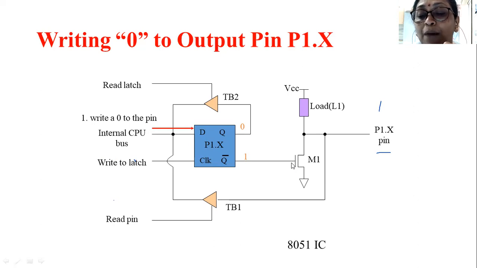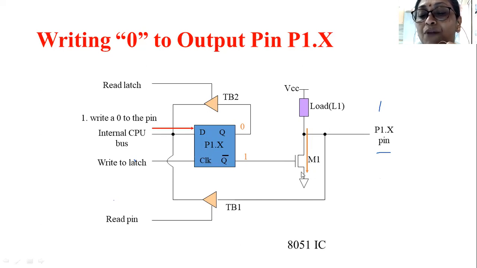And therefore what will happen to the MOSFET? If voltage is applied at the gate of the MOSFET, what will happen to the MOSFET? It will be turned on. And when it is turned on, the current will flow through the MOSFET. Okay? And this device, the MOSFET, will act as a closed switch.